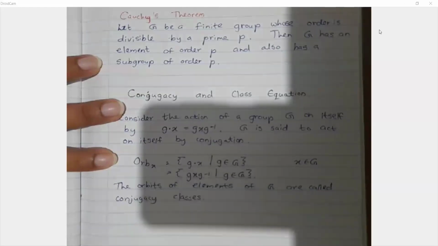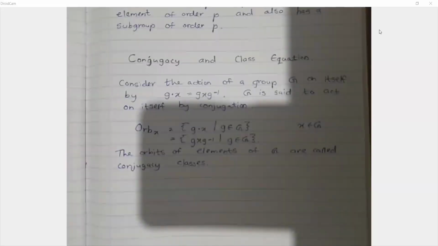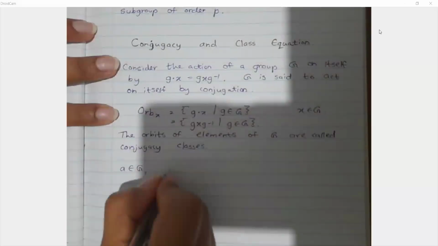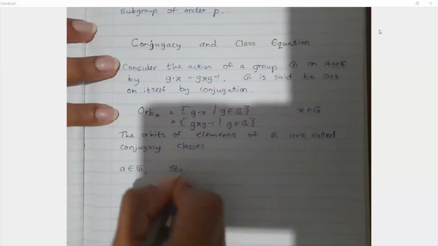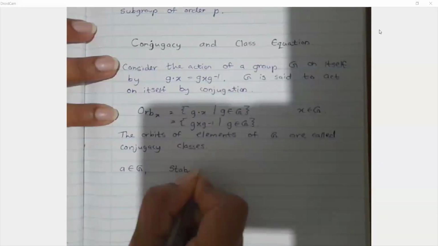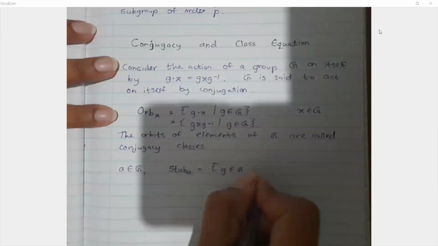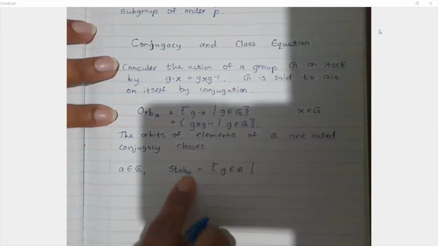Now, let's consider an element A in G. And for this particular element, let's define its stabilizer, Stab(A). What sort of elements do we have? Every element g in G that fixes this particular A through the given action.